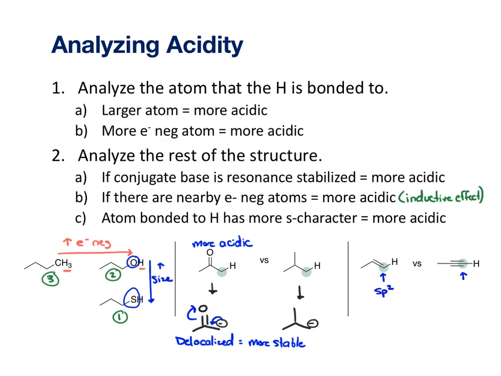On the alkyne, the carbon is sp. So the S character for sp2 is about 33% S. In sp, it's 50% S. So that has more S character, and the alkyne CH is more acidic.